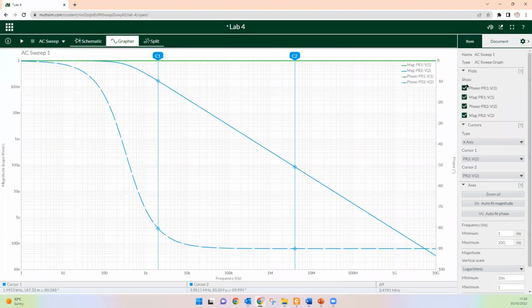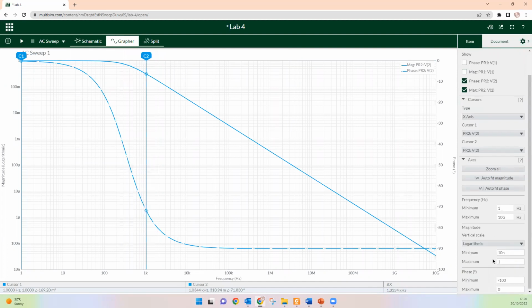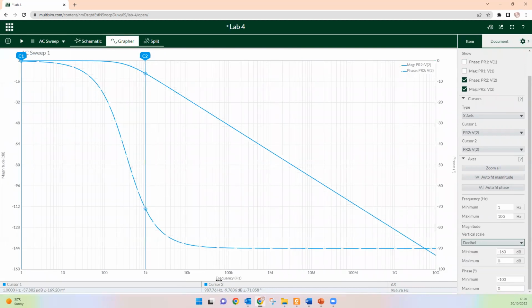Now here we need only the blue, which is the output. We don't need V1, we only need V output. Cursor 1 we will put at the maximum value, and cursor 2 at -3 dB. One more thing: we have to change the scale from logarithmic to dB, and now we can take it to -3 dB.